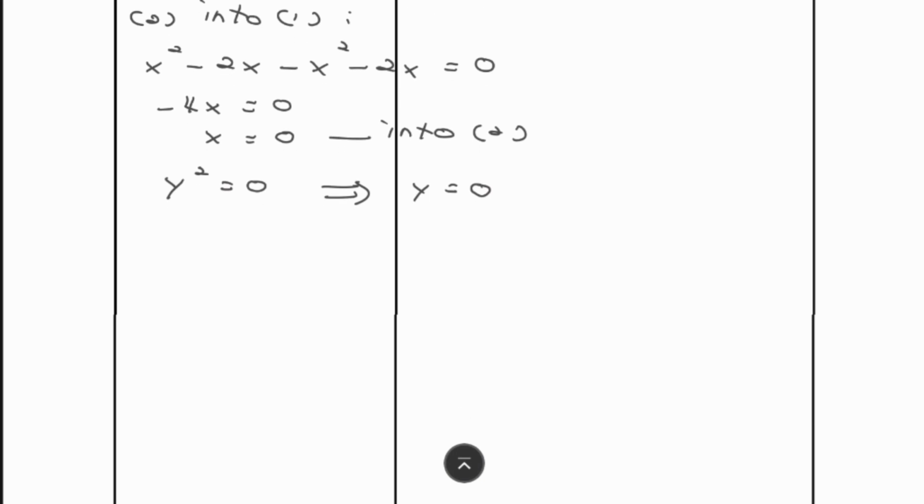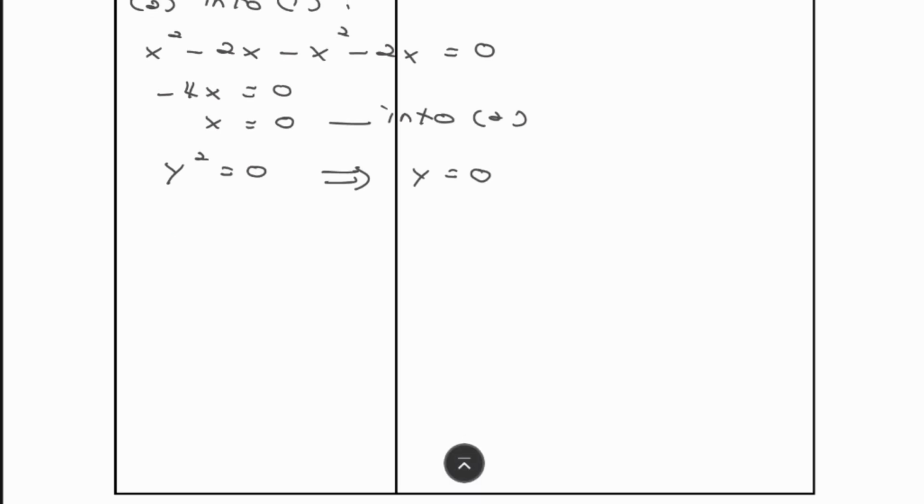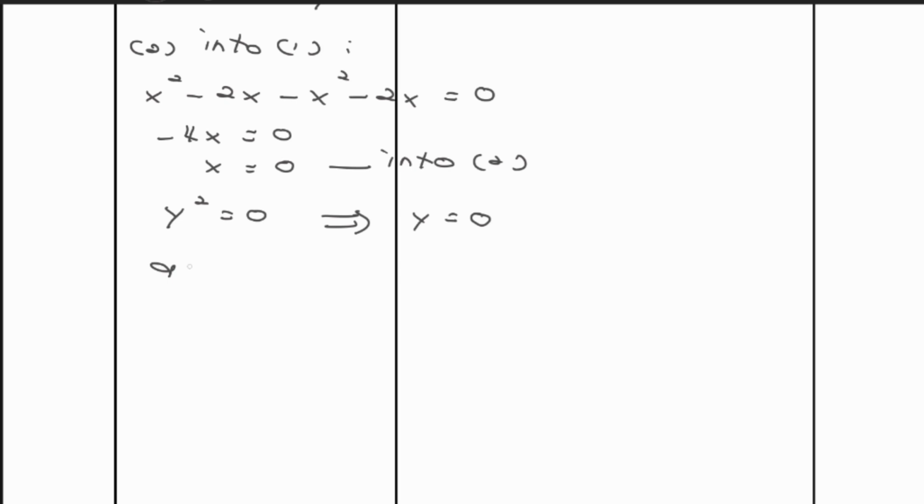To determine what type of intersection these circles have, let's calculate the discriminant based on y squared equal to 0. Based on y squared equal to 0, we have a equals 1, b equals 0, and c equals 0.